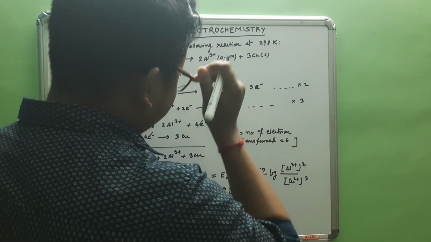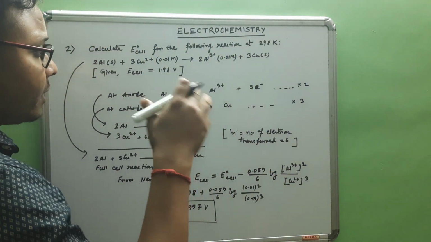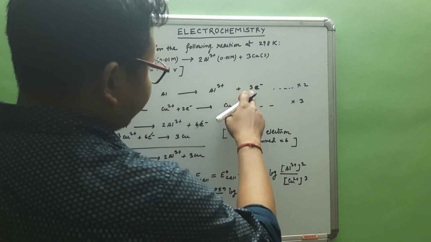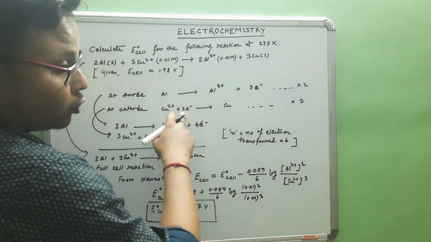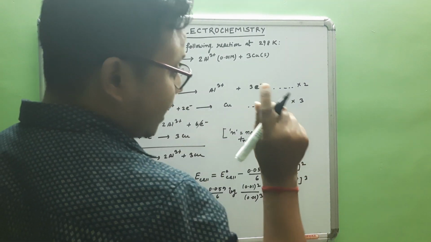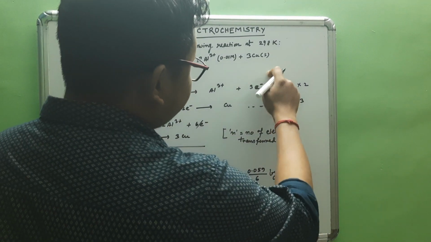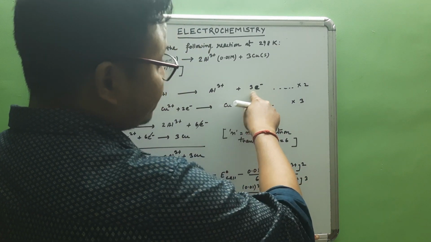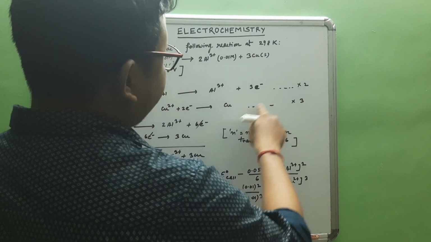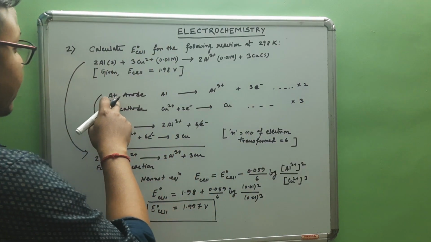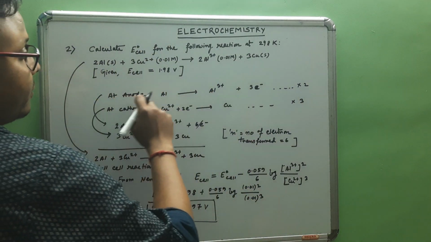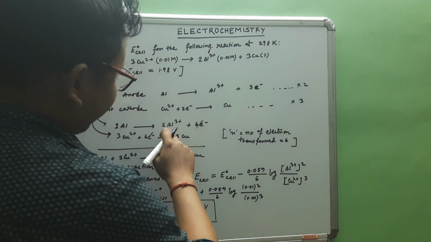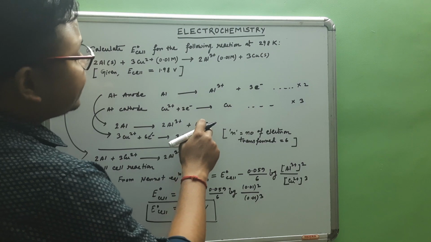The anode part becomes 2Al to 2Al triple plus plus 6 electrons.